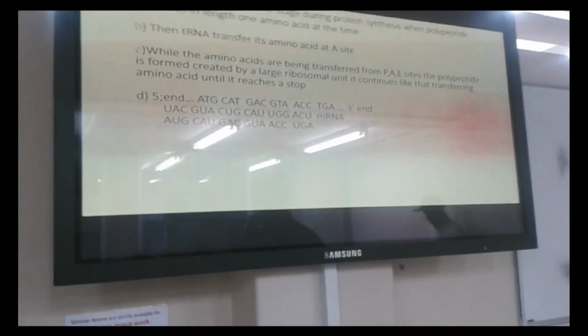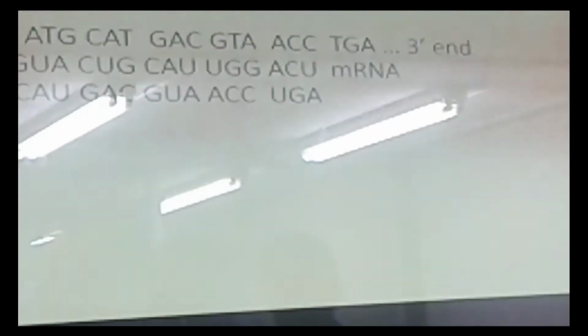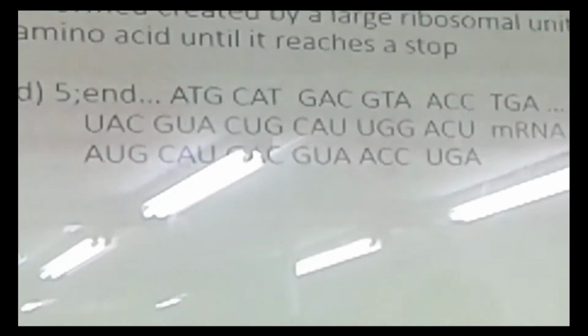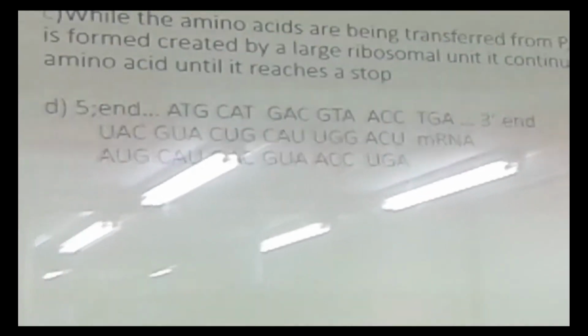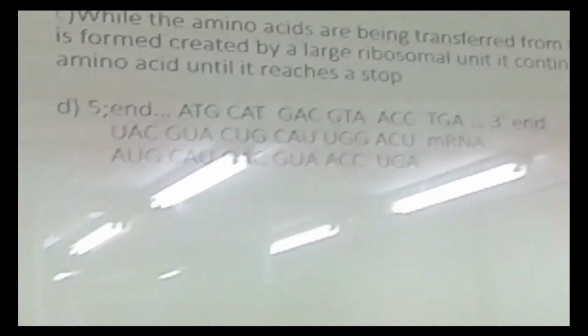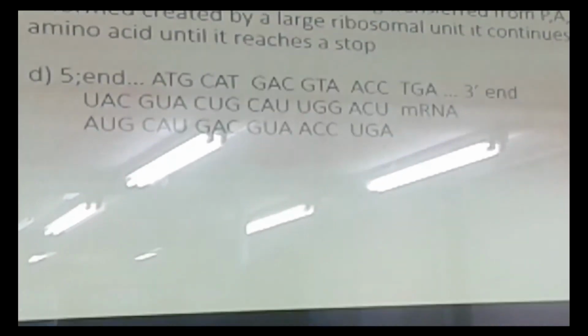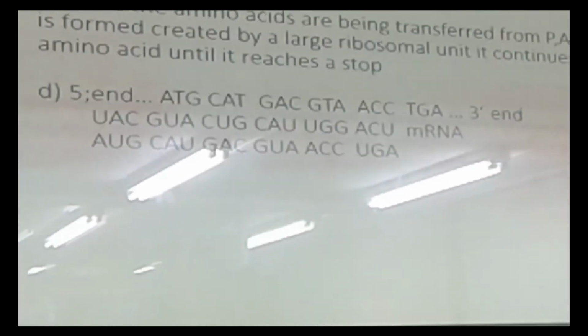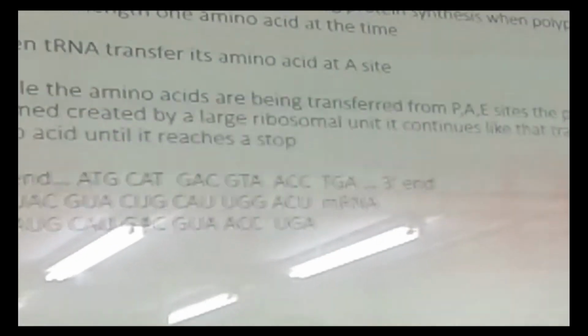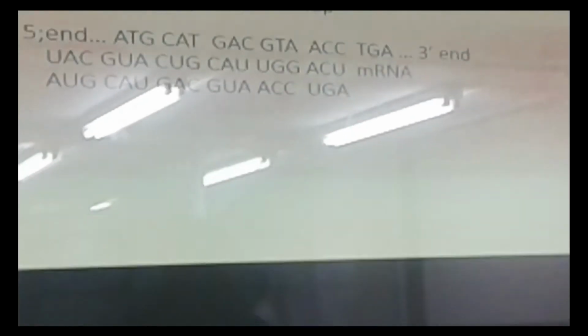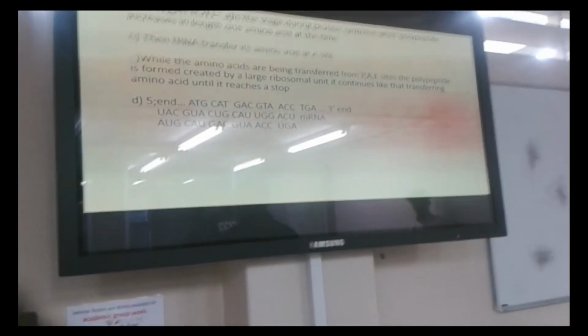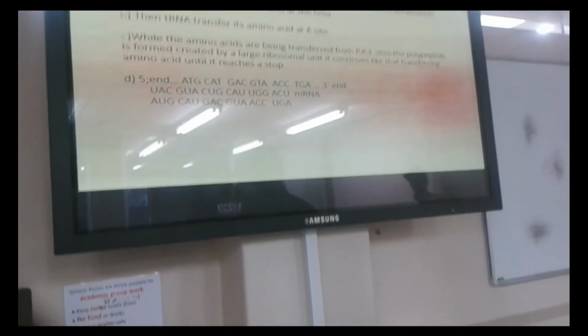The amino acids are bonded together by peptide bonds. While the amino acids are being transferred from the P site to the A site and the exit site, the polypeptide is formed by the large ribosomal unit. It continues like that, transferring amino acids until it reaches a stop codon.